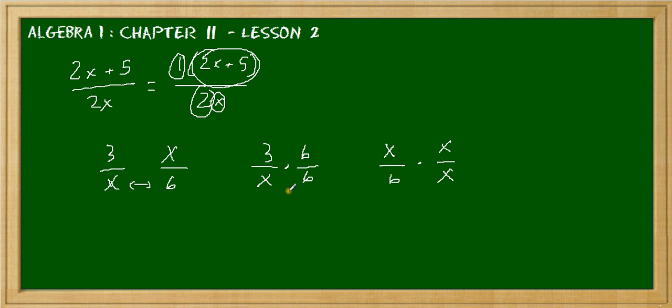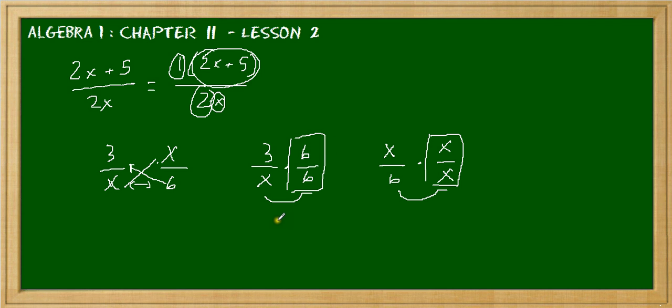Now notice what we're going to end up with here is 6x, and again 6x over here. So this will allow us, and we're only multiplying by 1. In both cases, we have x over x and 6 over 6. So we're going to multiply numerator and denominator by this denominator, and do the same thing here, numerator and denominator.